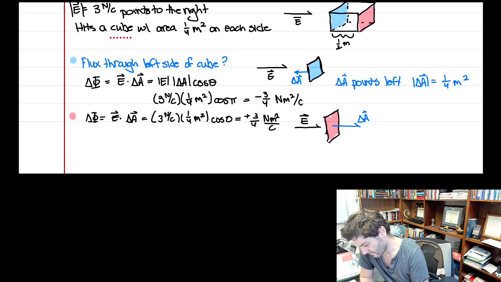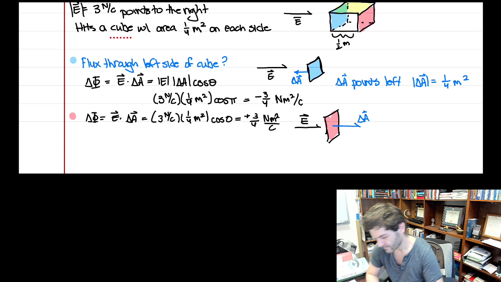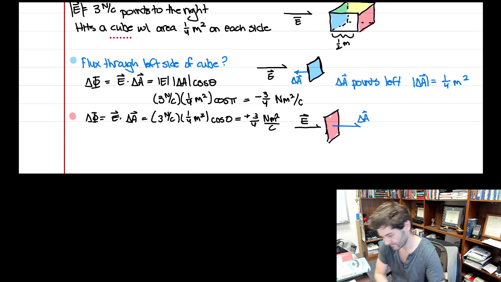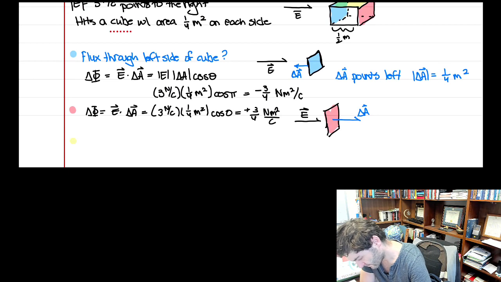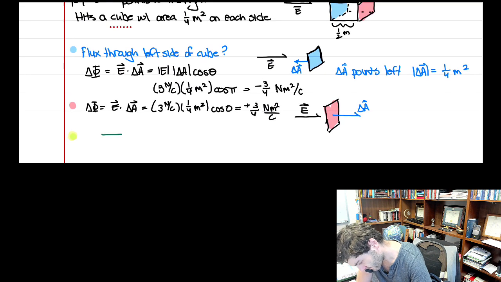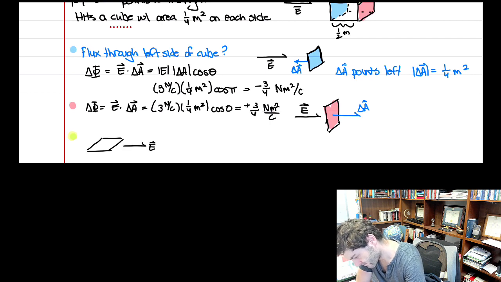Now, what about the top slab? Well, in this case, the electric field is still going to the right, but the area vector perpendicular to the surface is pointing straight up.